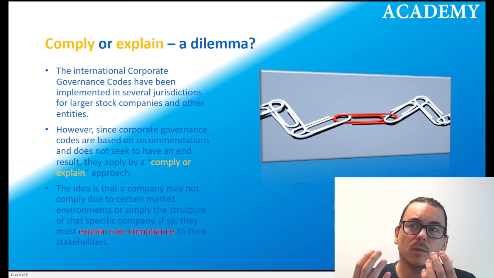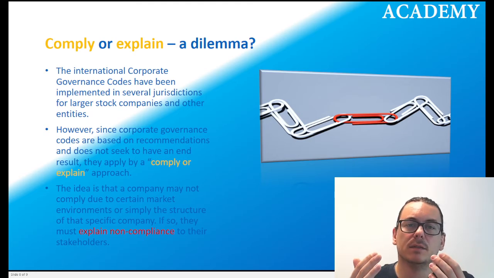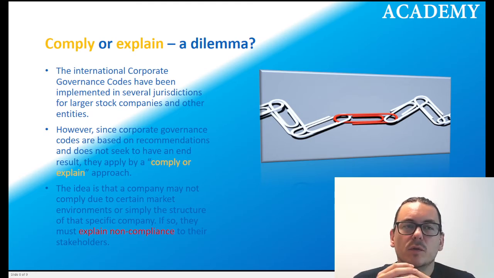So soft law typically, if we just make guidelines, we don't force it on corporations. But within the EU, we do have some rules that force larger stock companies to address good corporate governance codes.